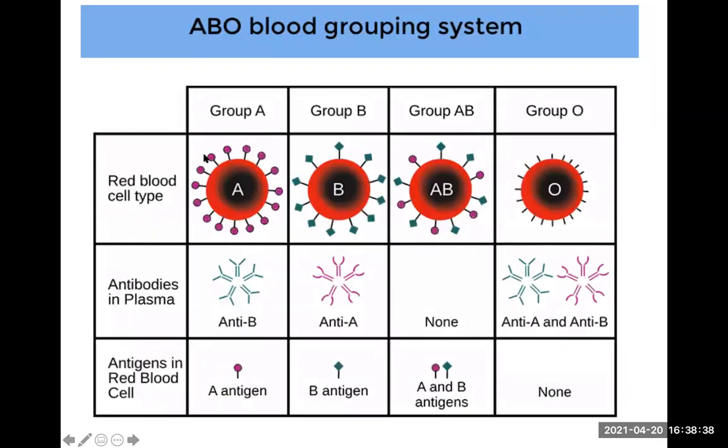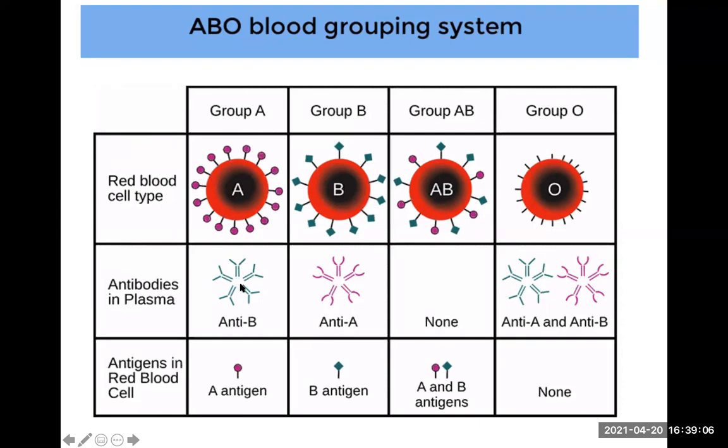So again, you could be blood type A. You have the antigen A on the surface of your blood cells. So your body will never make antibodies against this receptor, right? But because you don't have the B antigen, you can produce anti-B antibodies if you were ever to become exposed to it.